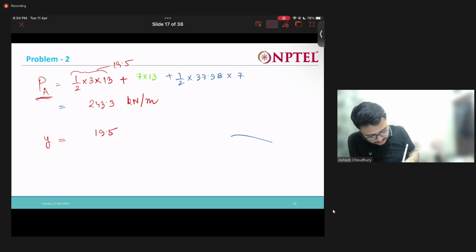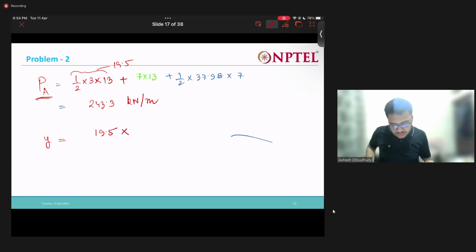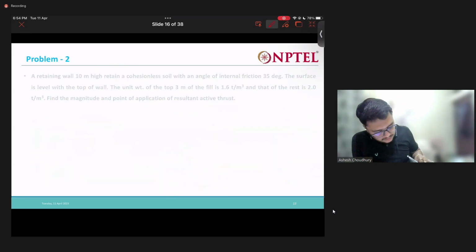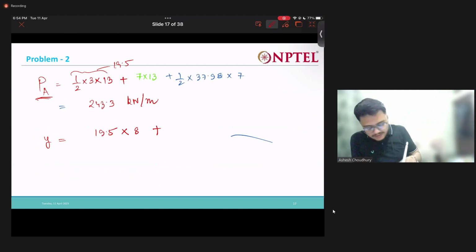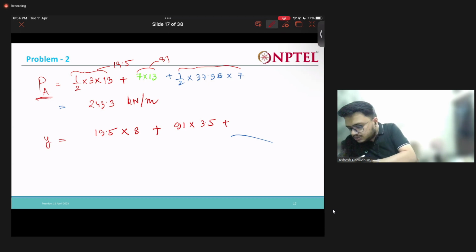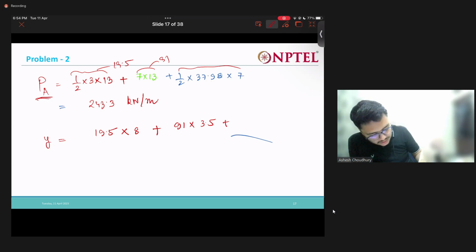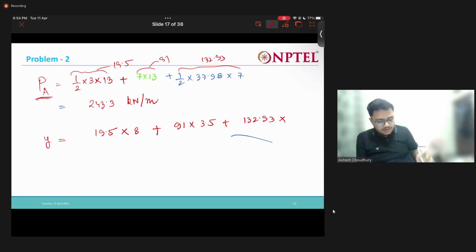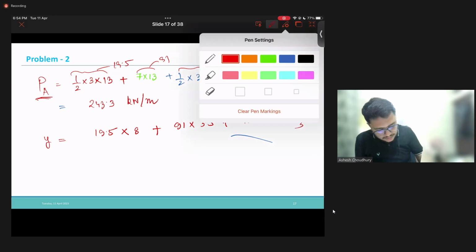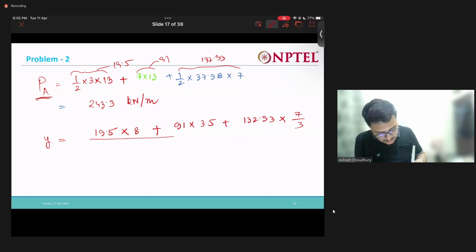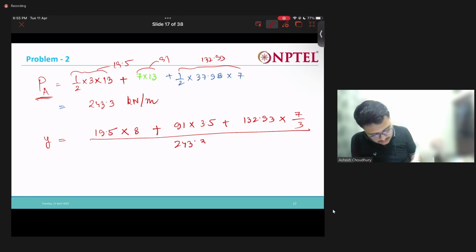So 19.5 into (7 plus 3 by 3), that is 8, plus 91 into 7 by 2, that is 3.5, plus the triangle 132.93 into 7 by 3, divided by total area P, which is 243.3.